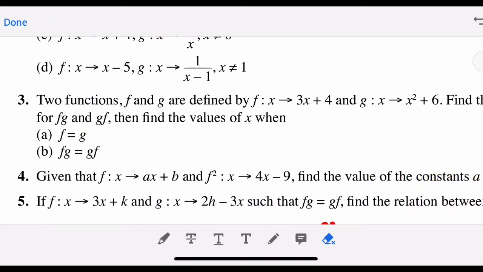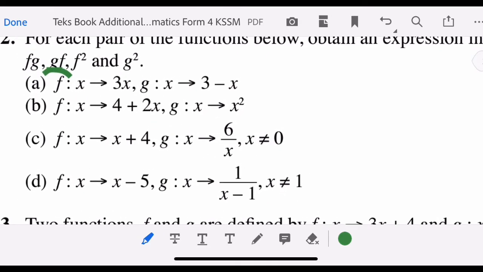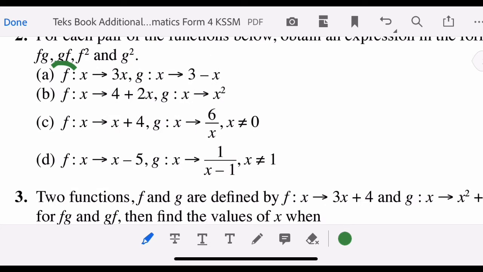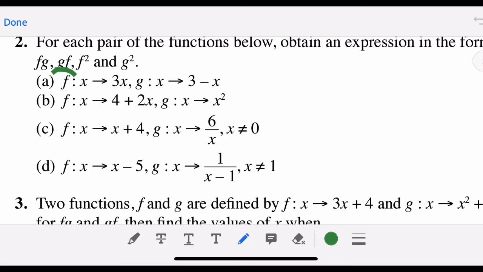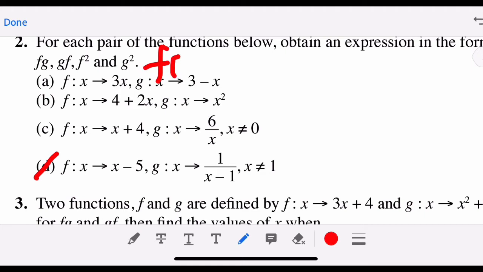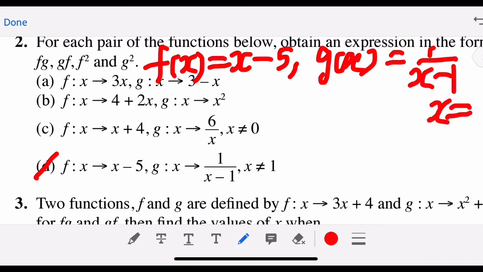Okay, now you see, when you want to do the composite function, you must identify the object and image, right? So now the D, I'm discussing D. Let's write the function f(x) is x minus 5, and then g(x) is 1 over x minus 1, and x cannot be equal to 1.